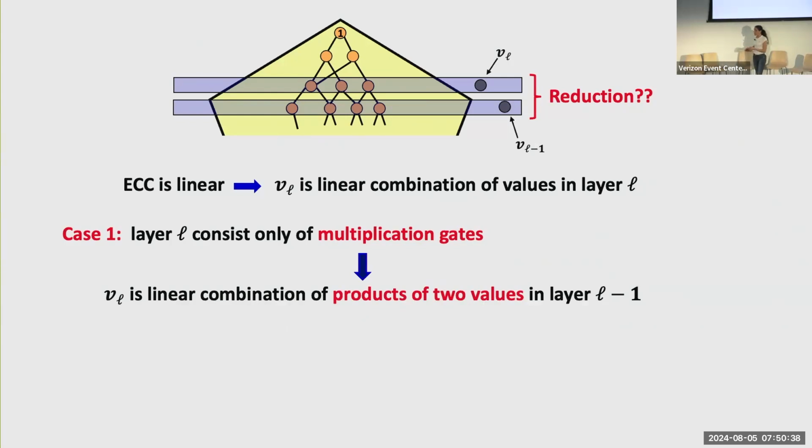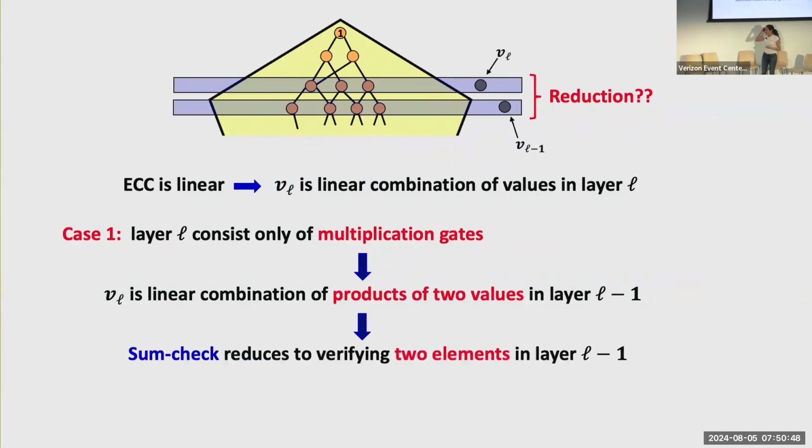So VL now will be a linear combination of products of two values in layer L minus 1. You can still do a sum check, that's good, but because it's a product of two, you'll reduce checking VL to checking 2 points in layer L minus 1.